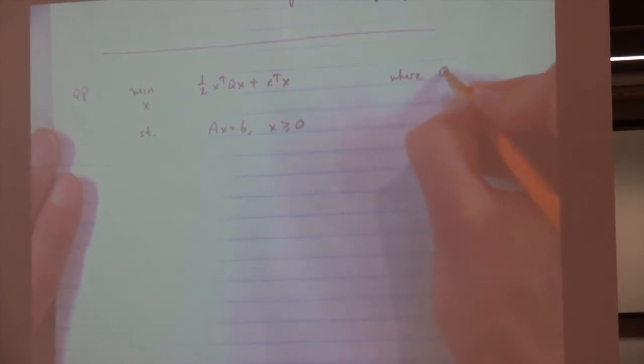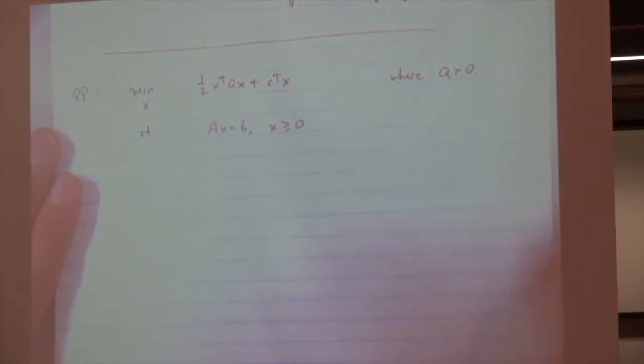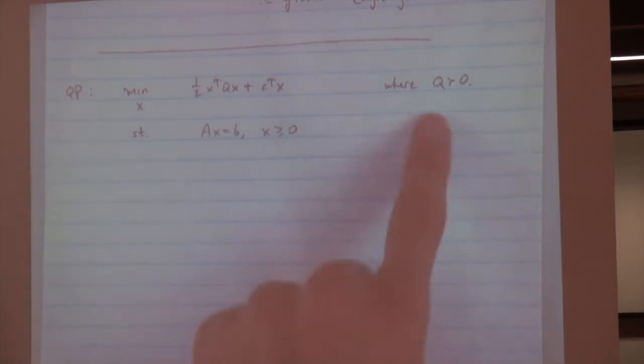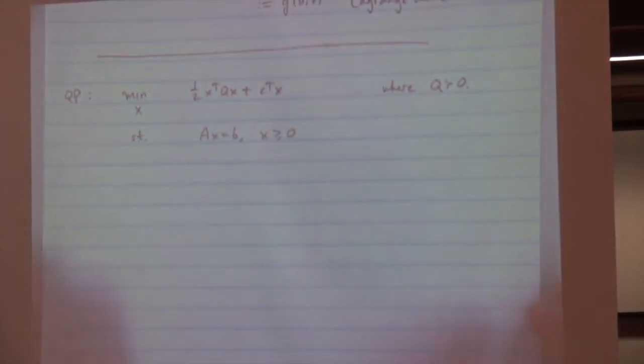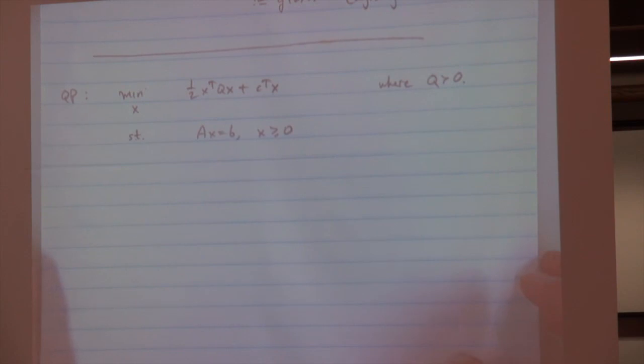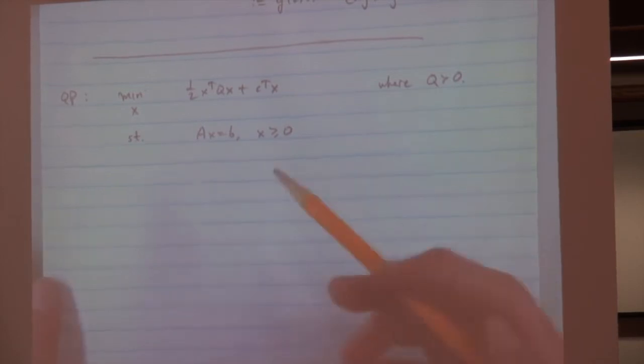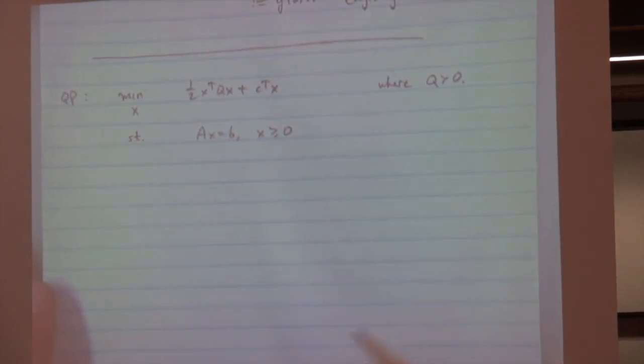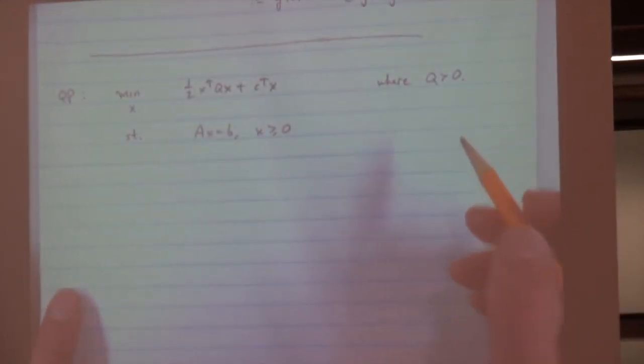And we're going to say that Q is positive definite. Just a refresher, what does that mean about this problem if I tell you Q is positive definite? It's strictly convex, right? So it's convex, actually strictly convex. So what does that mean about its solution? It's a unique solution. Okay, that's good just to refresh our memories.